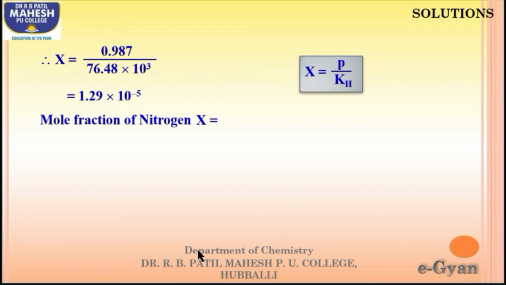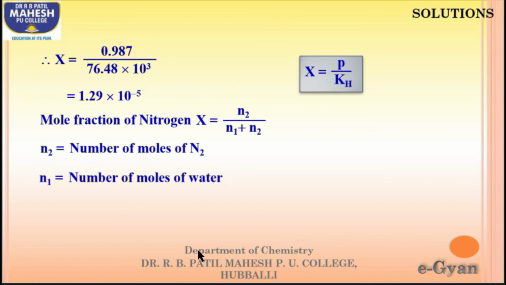Next they have asked for the mole fraction of nitrogen, that is equal to n2 divided by n1 plus n2, where n2 is the number of moles of nitrogen and n1 is the number of moles of water. Now X will be approximately n2 by n1, because the X value is very small, 1.29 into 10 to the power of minus 5.